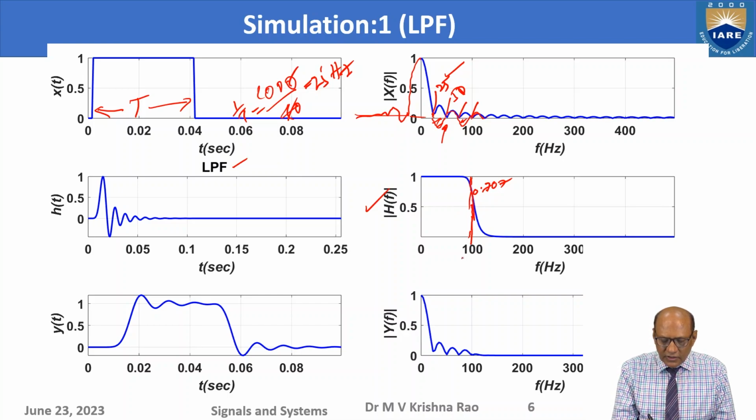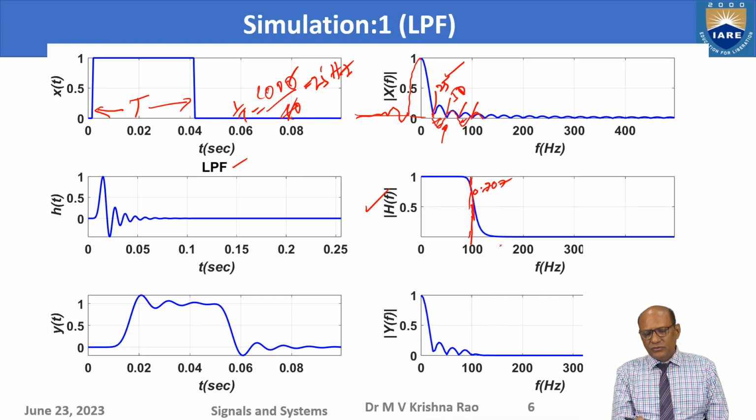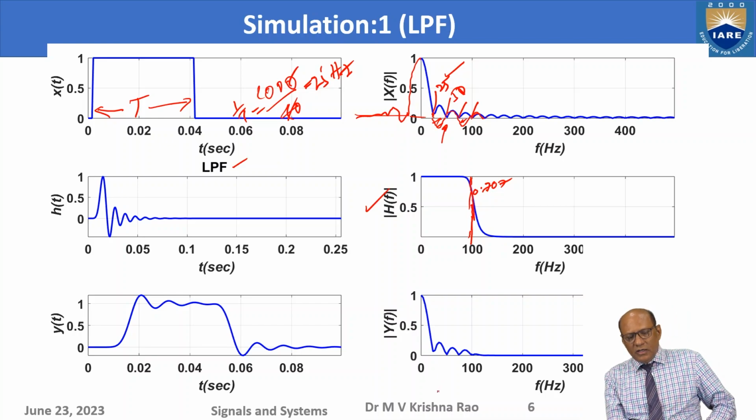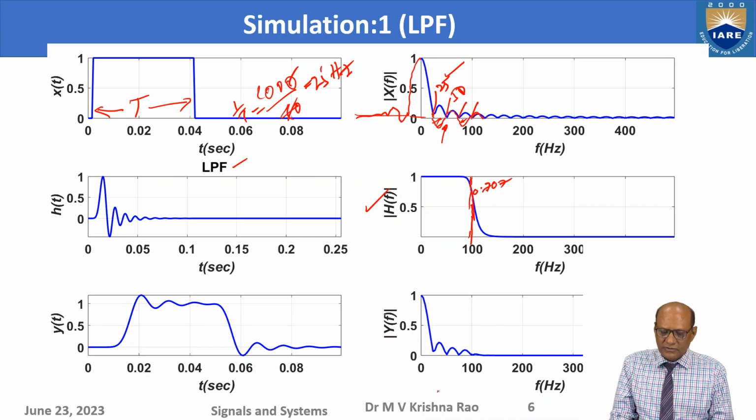And because I used a cutoff frequency of 100 Hz to generate this impulse response, exactly the same thing is reflected in the magnitude frequency response. So this is 100 Hz, and of course after that it slowly falls. In fact I used a digital filter so that I will get the impulse response easily, and of course I can use analog filters also, no problem.